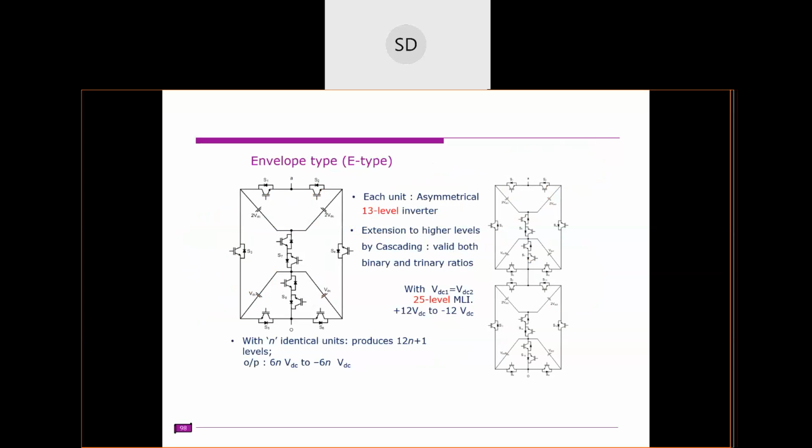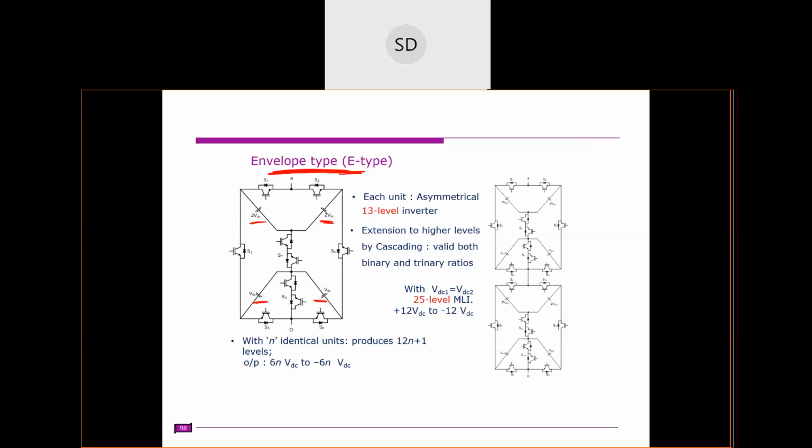So we have other topologies. One is this E type, so envelope type. It requires 4 DC sources: VDC, VDC, and this is 2 VDC, and this is also 2 VDC.